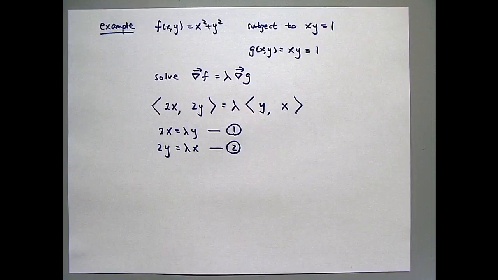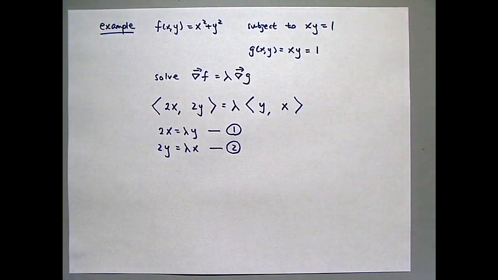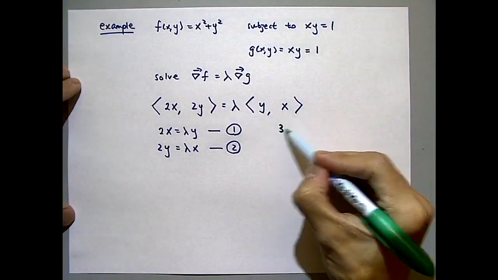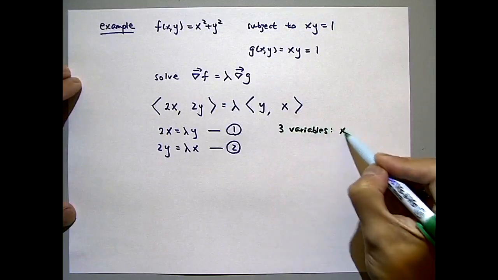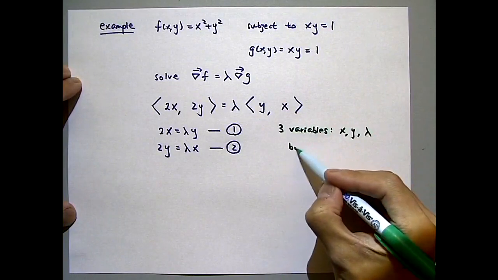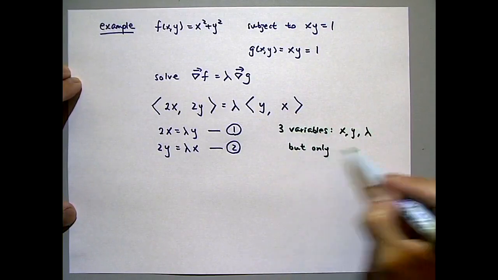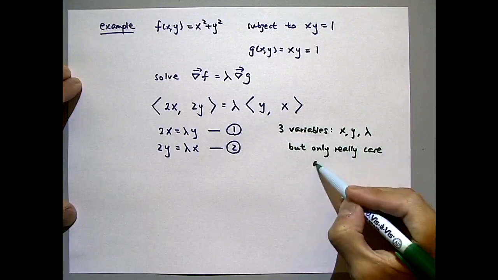Notice that our problem, we started with 2 variables, but now we have 3 variables. x, y, and lambda. But we don't really care about lambda.